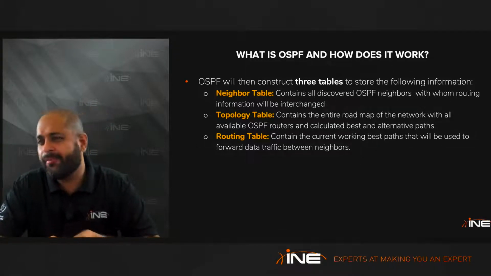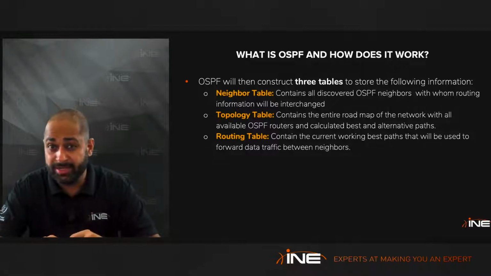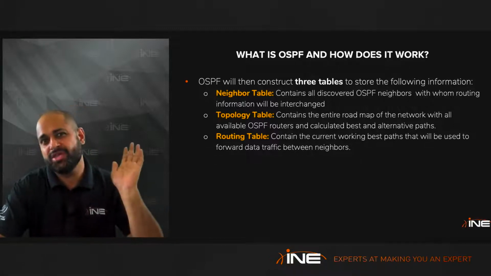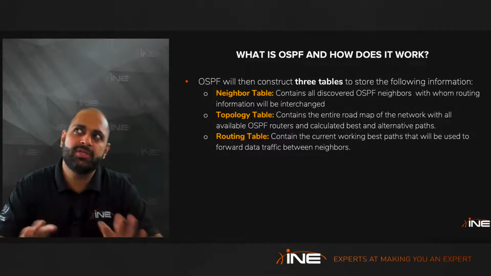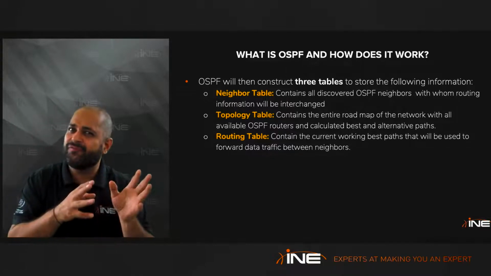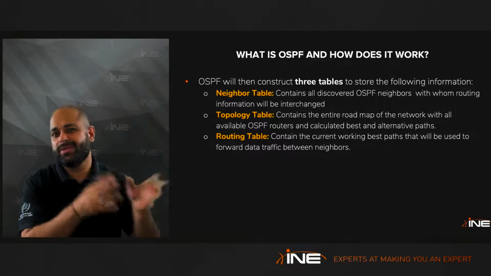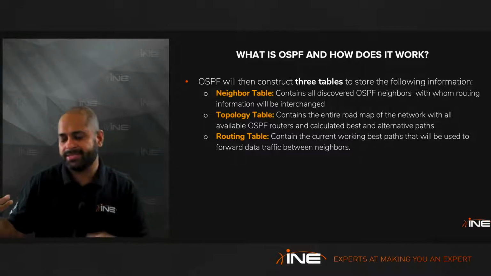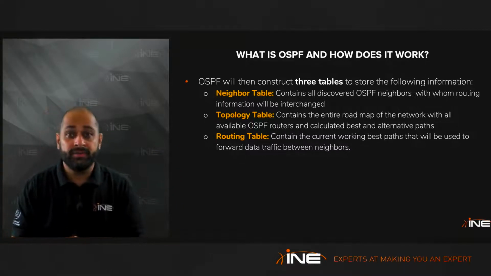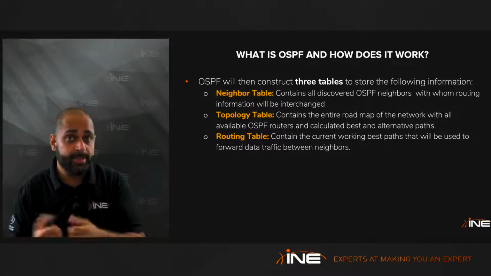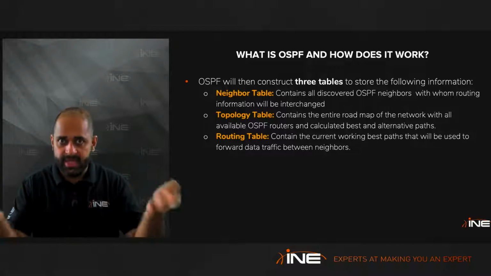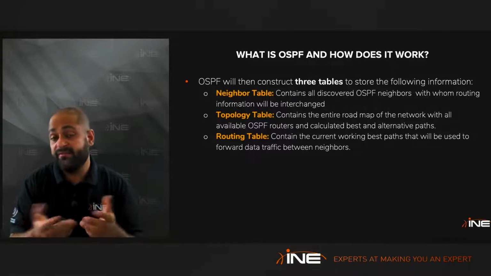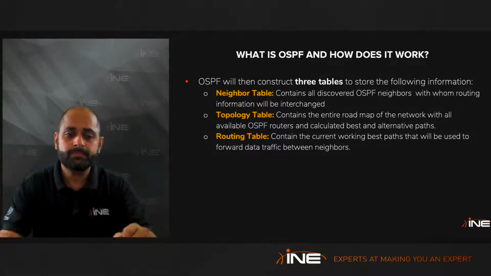Then we have the topology table. Technically it would be wrong to call it the topology table, because you always think about EIGRP, which has a topology table. But here it's called the database, or the link state database, which is where all the LSAs and all the link information are stored.